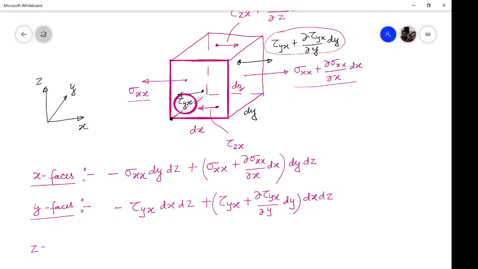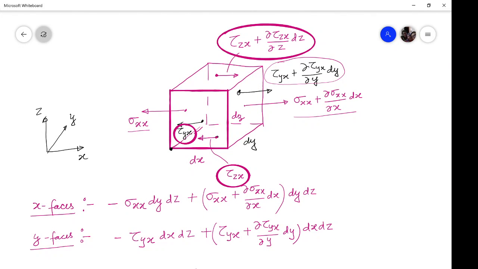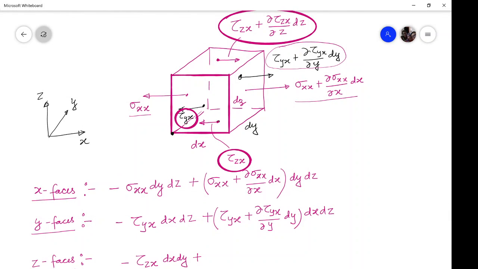Likewise for the forces in the x direction acting on z faces. First is tau zx in the negative direction, acting on z, that is dx dy, plus this force, tau zx plus del tau zx by del z dz, acting on dx dy.